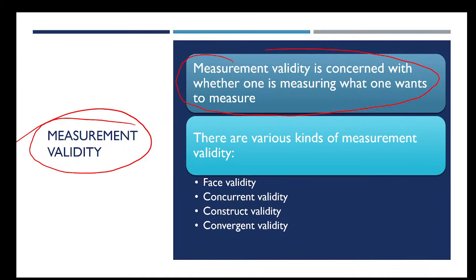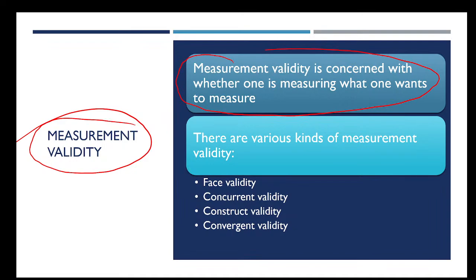It's a big concern in quantitative research, because if you end up measuring the wrong thing, any test that you do to test your hypothesis is going to end up being problematic. You're not going to be able to make any particular statements about what you wanted to because you didn't measure the right thing.